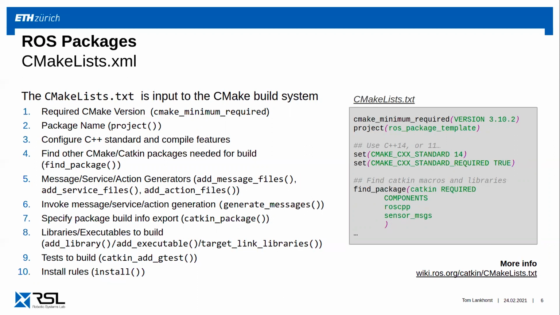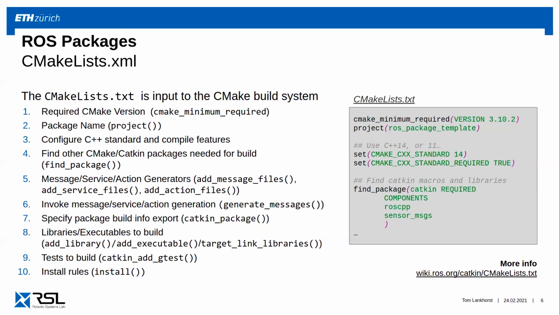Typically, you don't have to choose this if you're not using the most bleeding edge functionality of the CMake build system. Then there is the project name. The project name should once again reflect the name of the project of the package that we gave it previously in the package.xml file and as the name of the directory containing these package files.